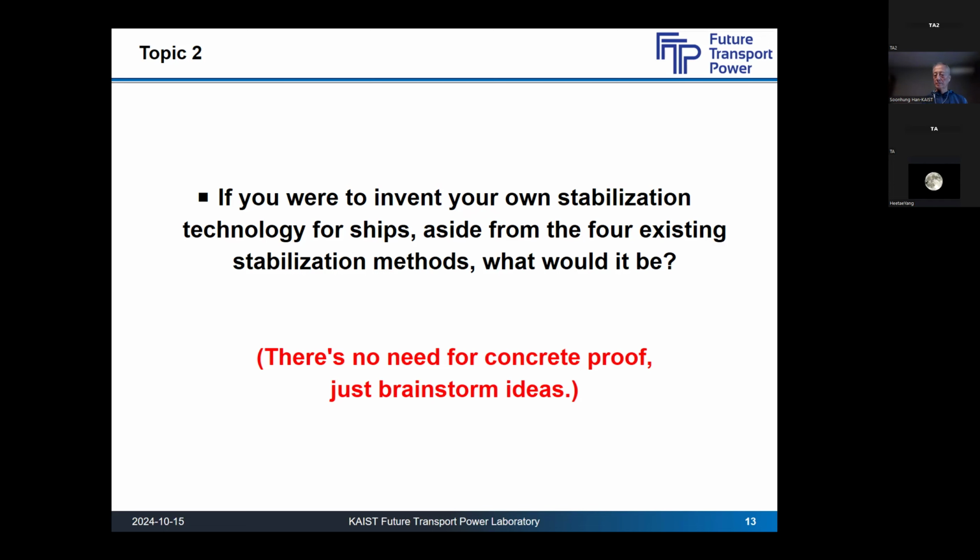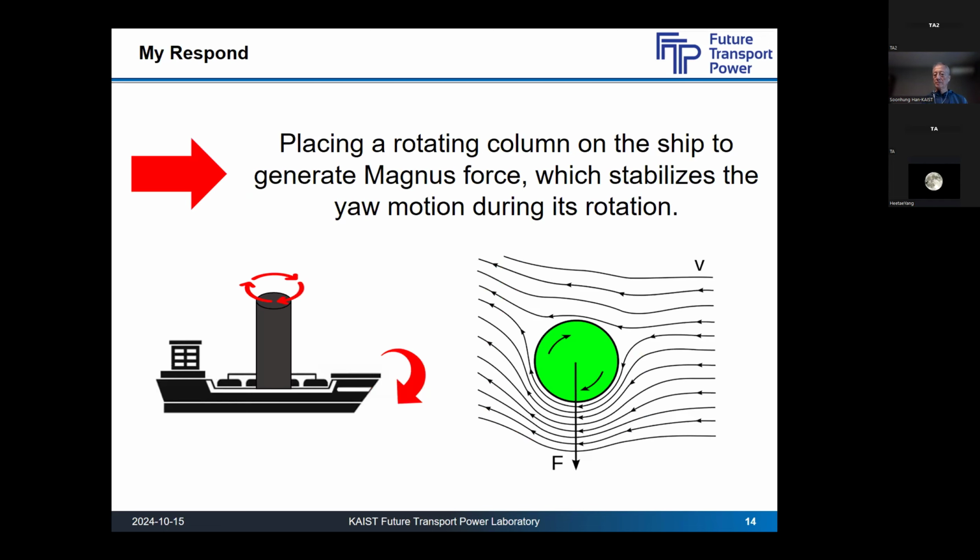So for this question and topic, my answer is like this. Placing a rotational column on the ship to generate the Magnus force, you know.